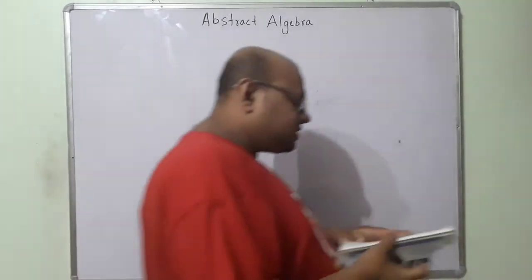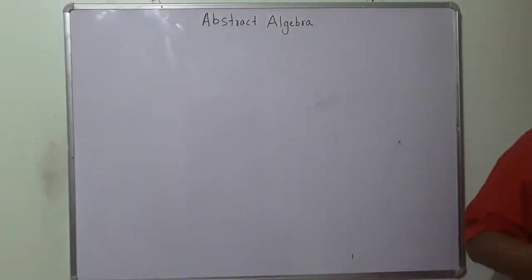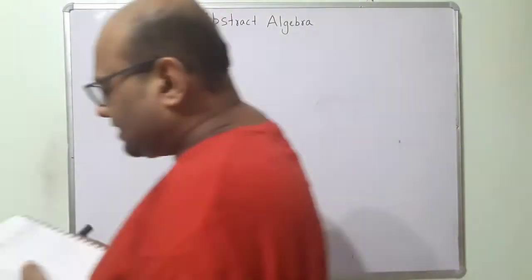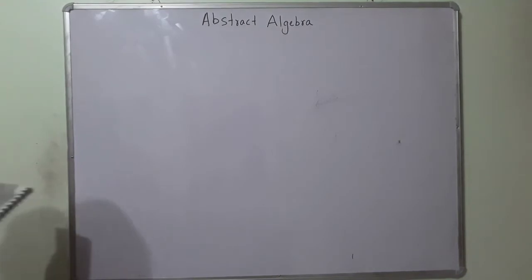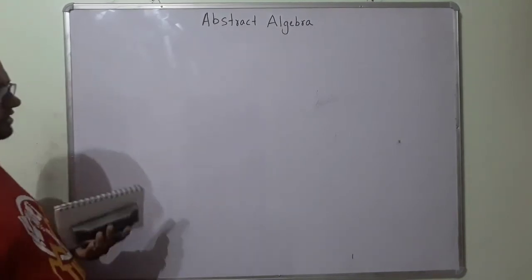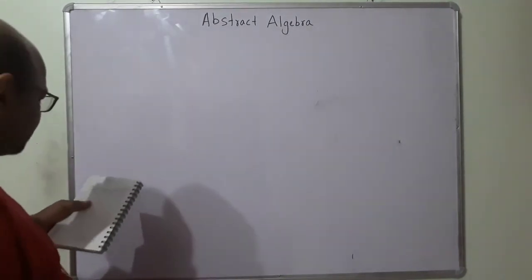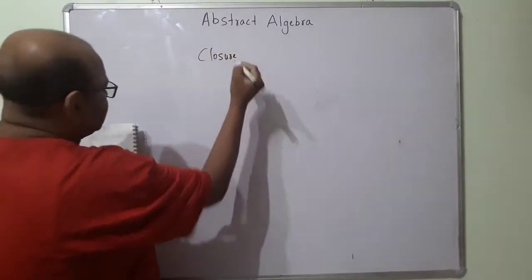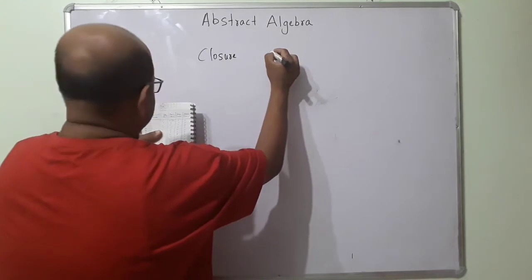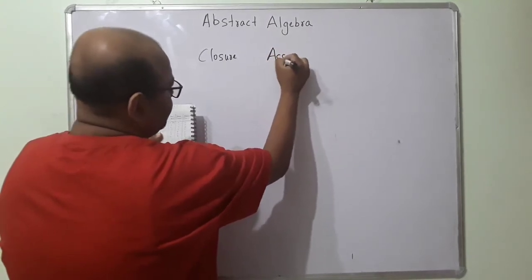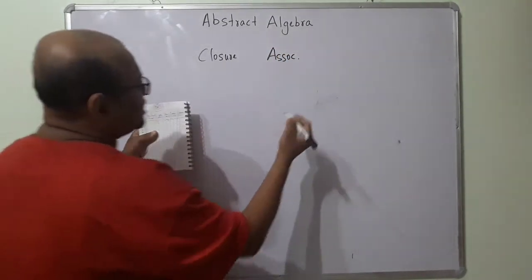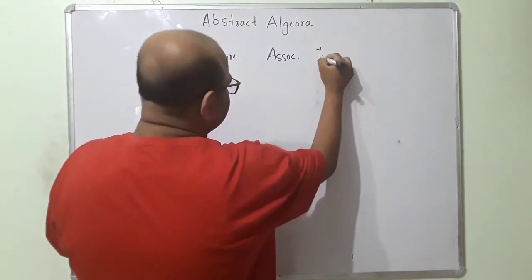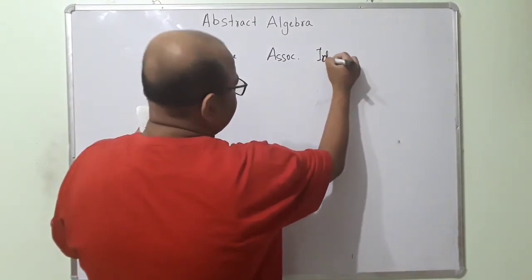The first thing that we are going to do is look at a few properties. The first property is closure. The second property is associativity. The third property is identity.